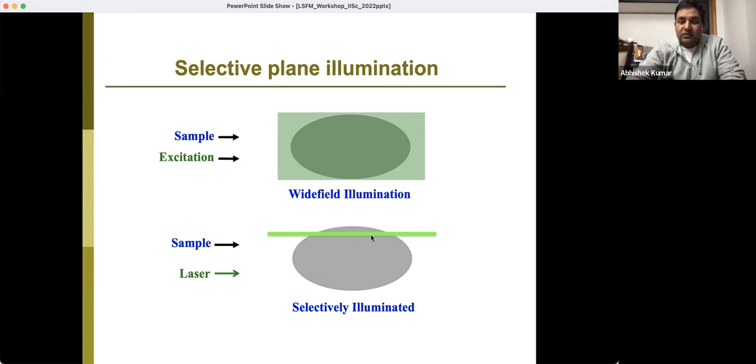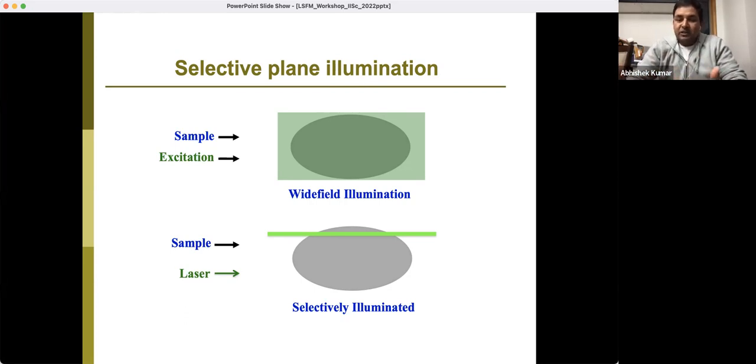What it does is it only allows you to illuminate the region you are collecting information from. So it helps in two ways. It minimizes your phototoxicity because you're not bombarding your sample everywhere with laser light. And it also gives you selectivity, because you are illuminating only the region you are collecting information from, so to begin with, there are no out of focus photons to degrade your image for that specific slice.